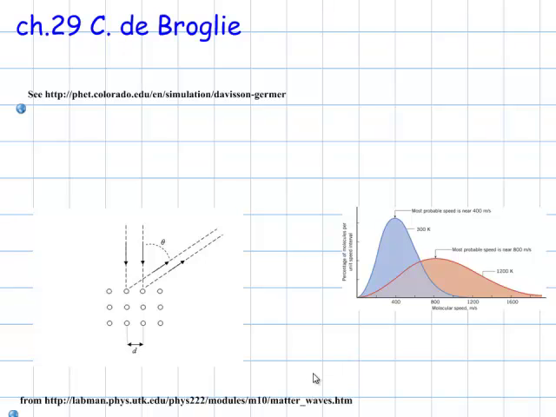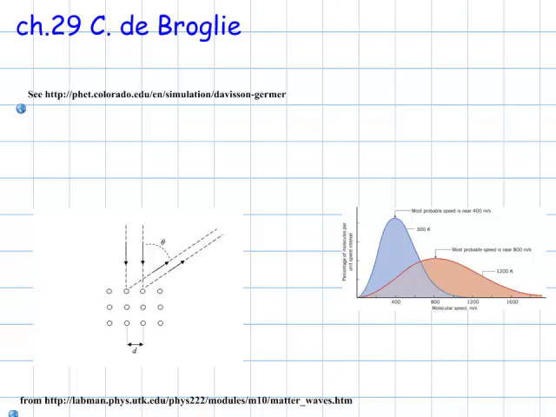Louis de Broglie came up in the 1920s with the idea that if photons exhibit wave and particle properties, then particles such as electrons and protons and neutrons, the latter actually being discovered a few years after, should also have wave properties, and that's where this idea originates from, and it turns out he was correct.